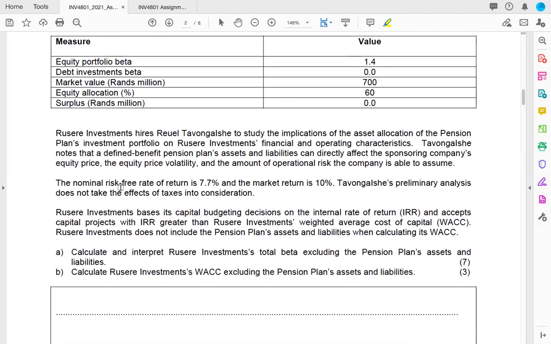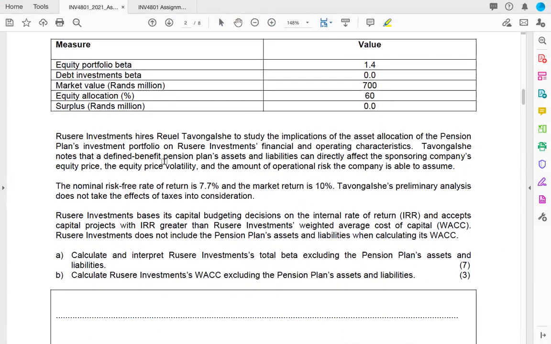So now let's get to the actual question we're being asked. We're told Rusere Investments hires Rule Tavongaishe to study the implications of the asset allocation of the pension plan's investment portfolio on Rusere Investments' financial and operating characteristics.